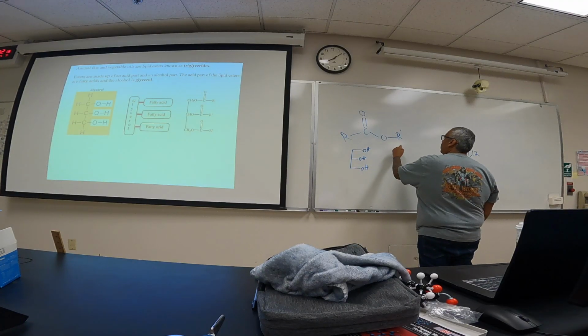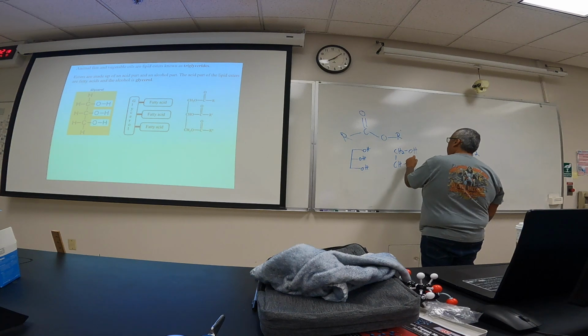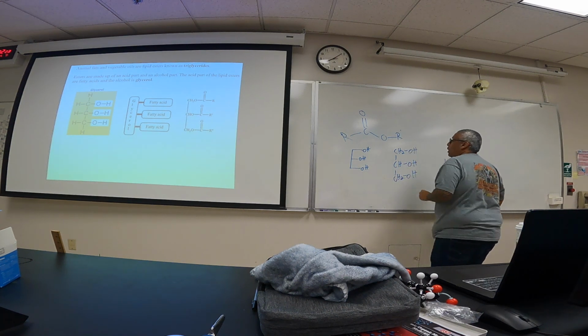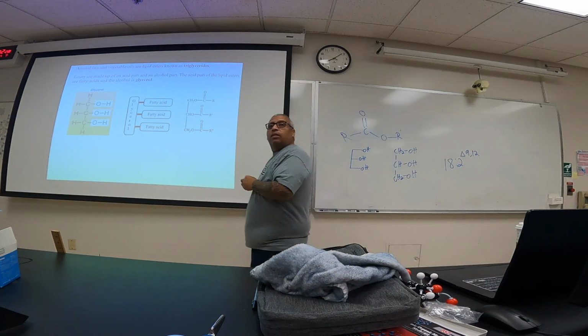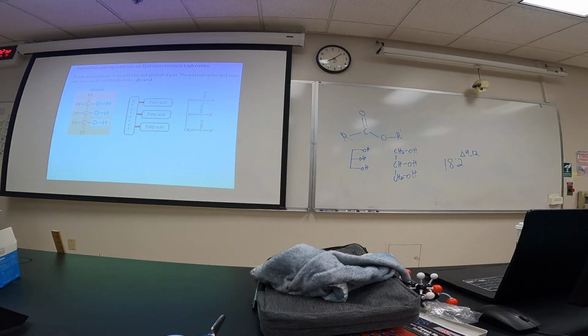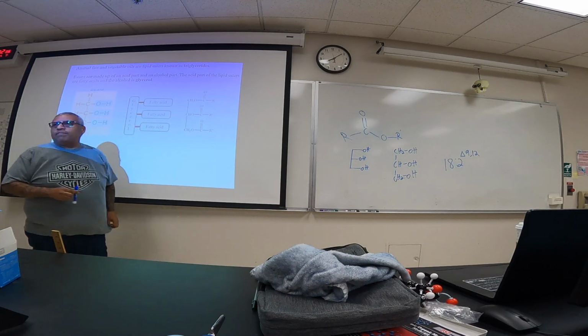Glycerol can look like this. This is also glycerol. Expanded structural formula, this is also glycerol. But glycerol, and then what we do is we just attach a fatty acid.